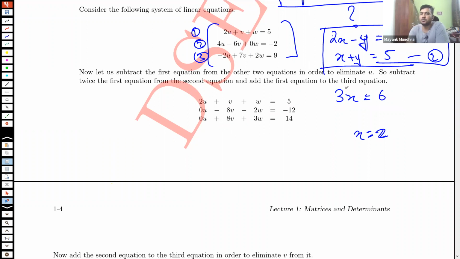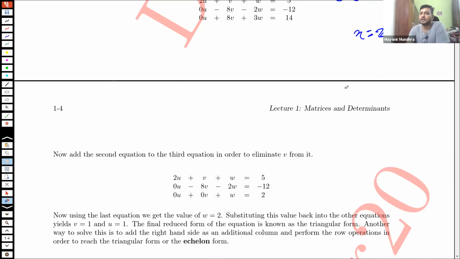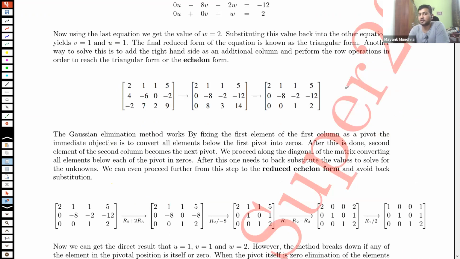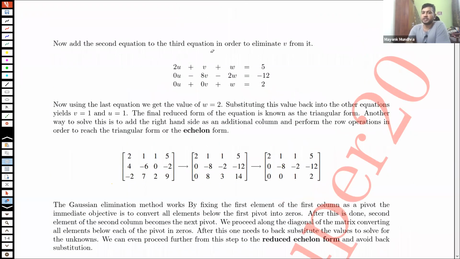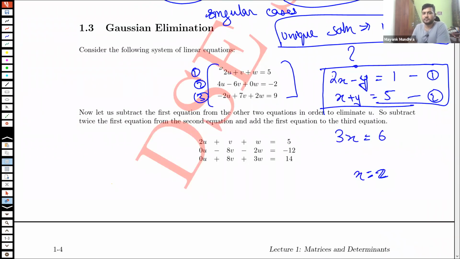So let us now look at how to do this in a shortcut manner. The way to do this in a shortcut manner would be to use Gaussian elimination. So this was my system of equations. 2u plus v plus w equals 5. So what I do is I write this in a matrix form.